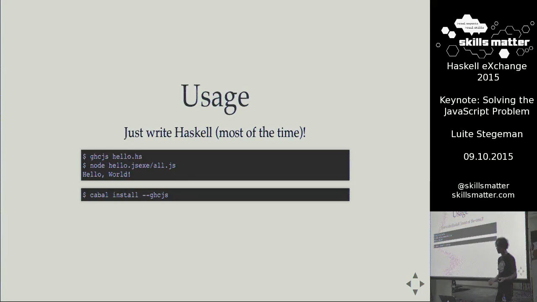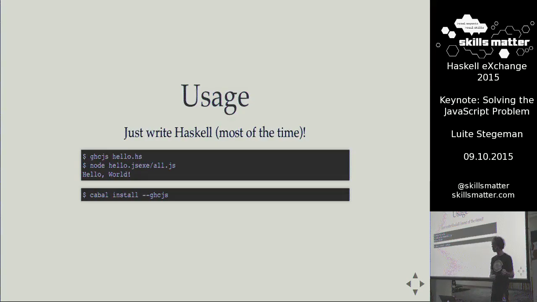And if you build a package, then the one thing that you need to change over normal Cabal install is the --ghcjs option. The default compiler for Cabal is normally GHC, and this changes it to GHCJS. And most packages compile.